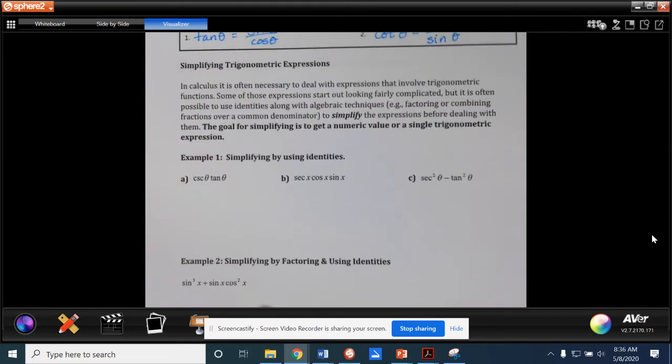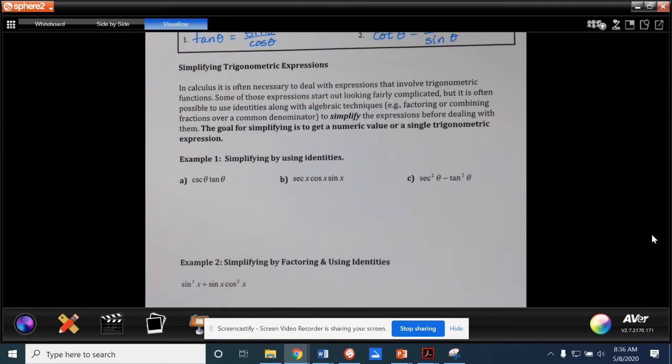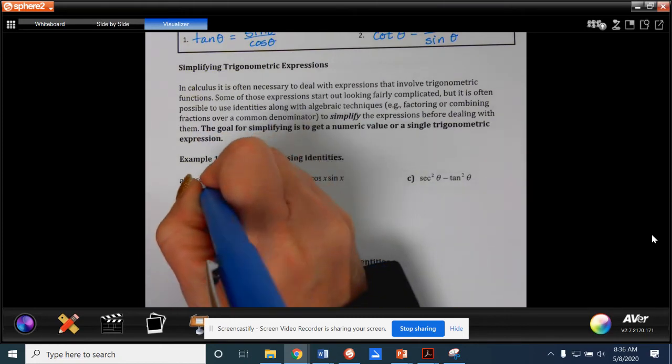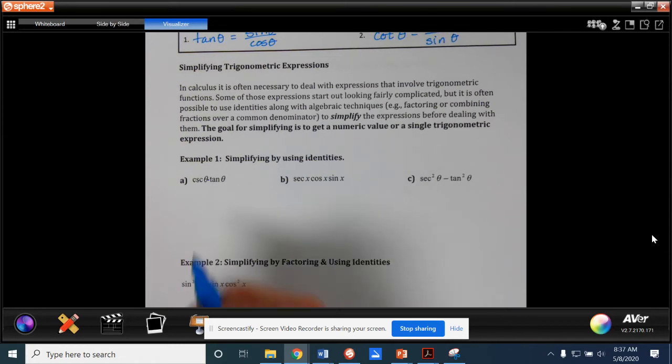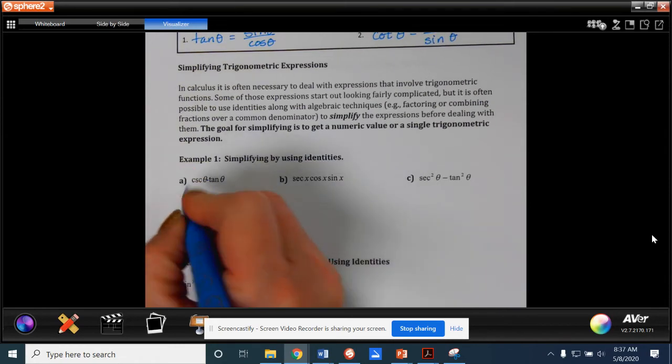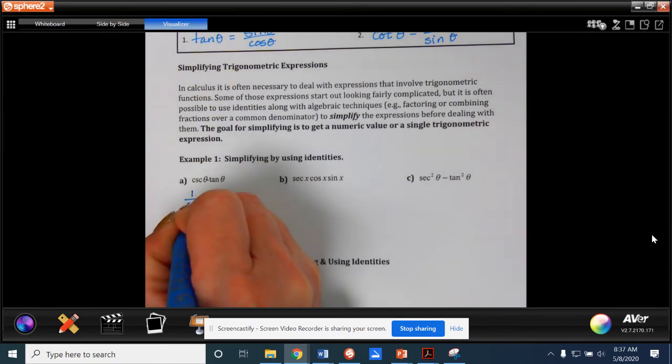Thank you. So starting off with the first one, my first go-to is, these two things are side by side. That means they are being multiplied, either dot or you can put parentheses. They are being multiplied together. Well, sometimes it's easier just to switch it back to sines and cosines to see what I have. Cosecant by definition is 1 over sine theta.